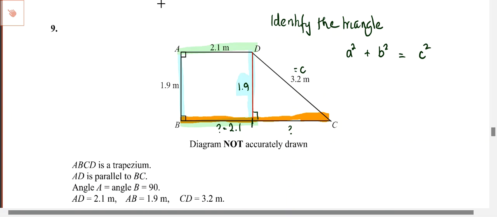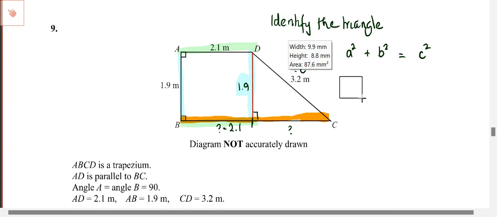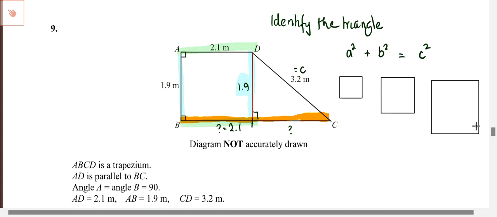Okay, so small one, slightly bigger, biggest. So this will be 3.2 squared, which is 10.24.